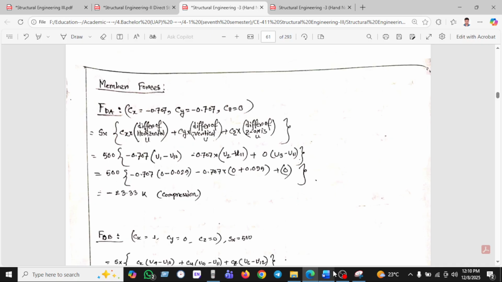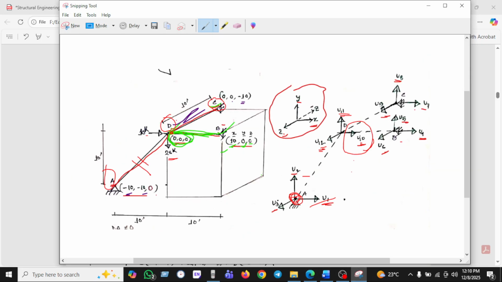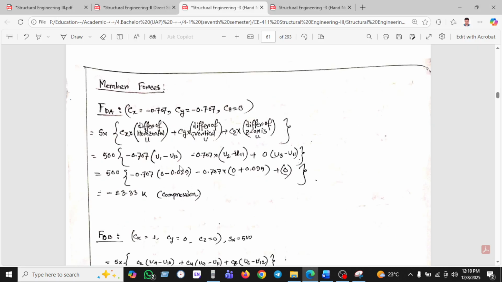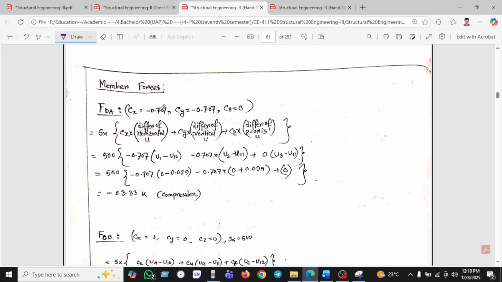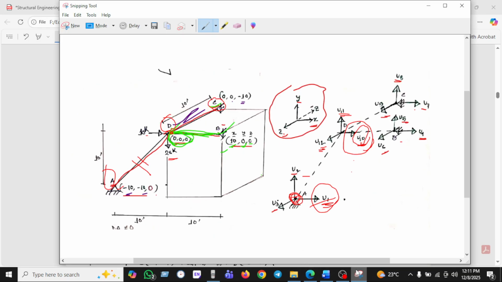Why u1 and u10? As we are taking dA, this is the value of d into a. So at first we are taking u1 and u10. Where is u1? This is u1 and u10, the horizontal distance between. Then we calculate the difference Cy and the vertical difference u2, u11, because this is the vertical u2 and this is the vertical u11.